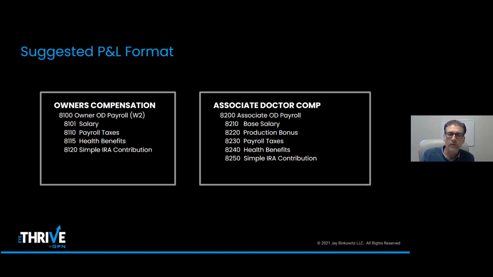And it's also important that we fairly compensate ourselves on the W-2 side. The IRS has a very clear definition of what they consider fair market compensation, and that's essentially you should pay yourself as the owner of the business a W-2 wage that is exactly what you would pay somebody else to do the exact same job in your business.